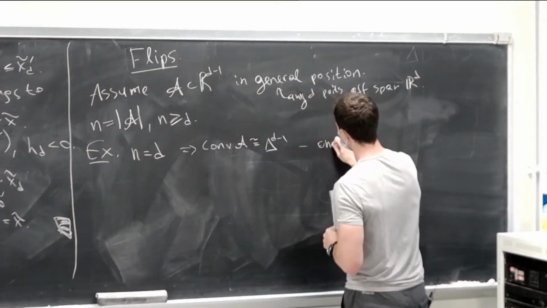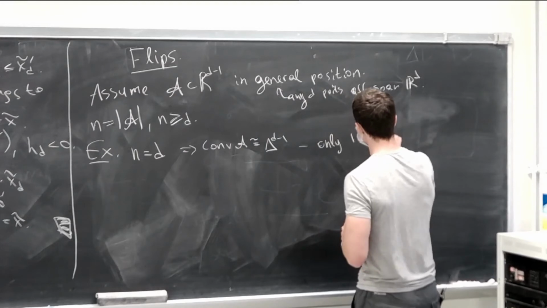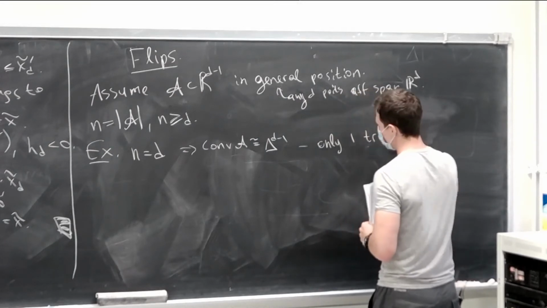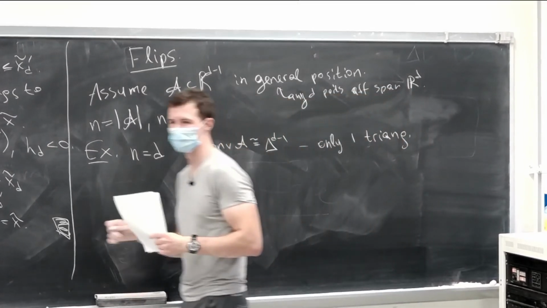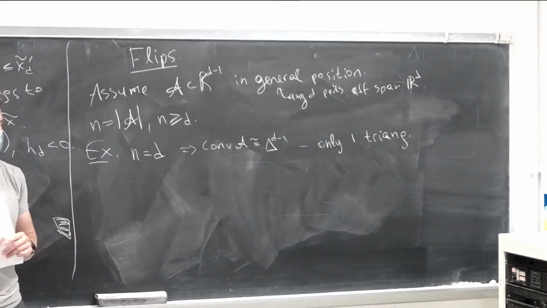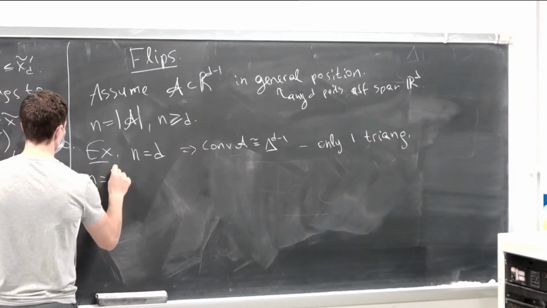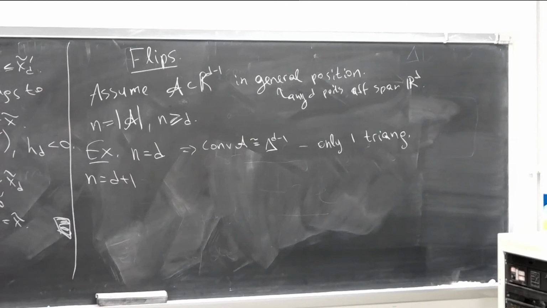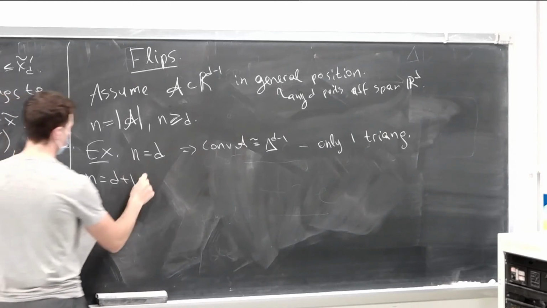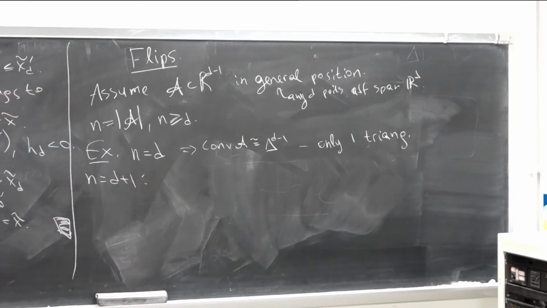There's only one triangulation, because the simplex is already a simplex, so there is only one triangulation there. Right. Okay, so what about n equals d plus 1?